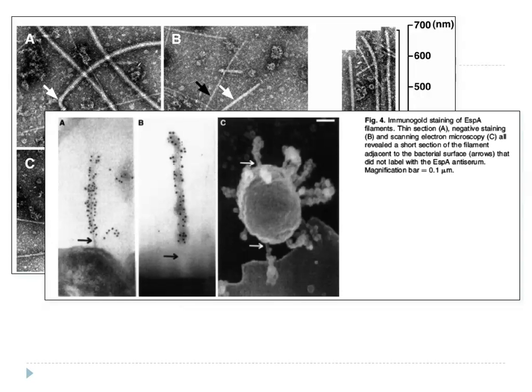Then, just at the bottom here, there's this kind of scraggly neck. That is the actual needle that is seen in other systems. It's just this little bit of needle before you get to the EspA pilus. And you can see these EspA filaments actually contacting the host cell, bringing the bacterium into association with it.